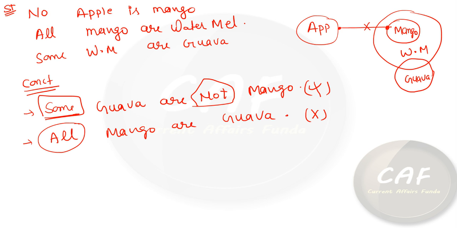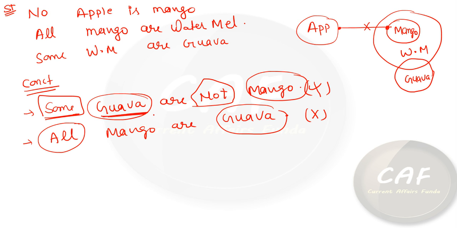Okay. Now check. Guava is here. This is our subject. And friends, guava is here. The predicate is here. And this one mango here and mango is here. Fine. So this is not an issue because the subject and predicate are common in the second conclusion also. Okay. So that is okay for the either or condition. Now let's check the second thing here. Do some plus some not plus all make either or or not?